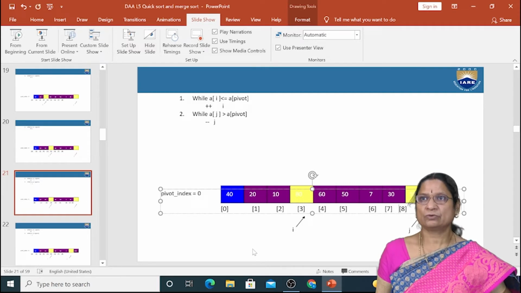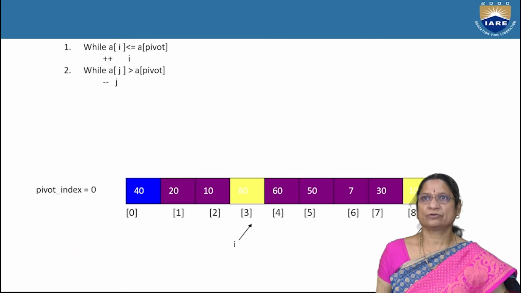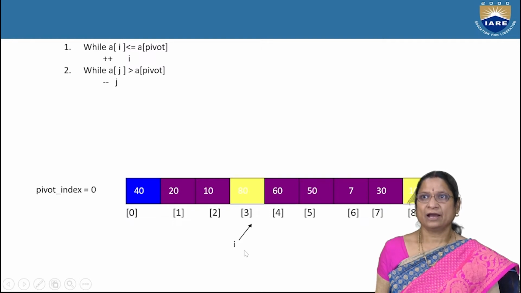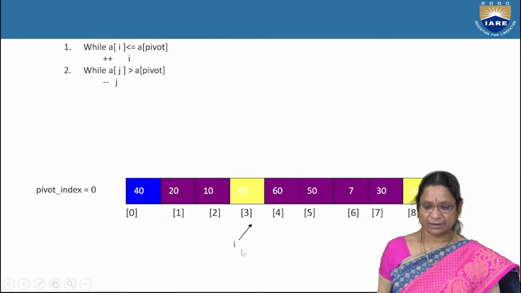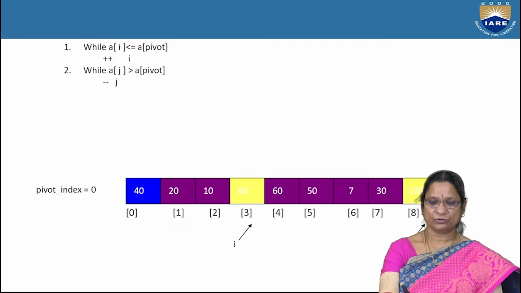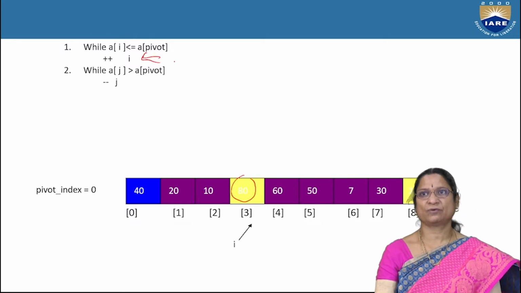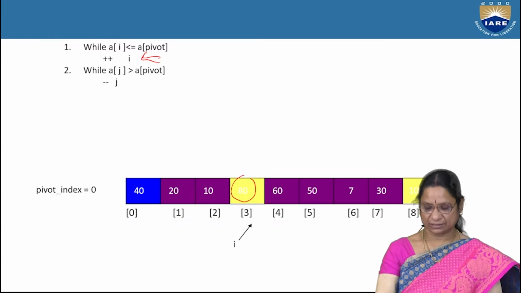So I is going to be moved toward j, and when it comes to the value 80, it will stop. You observe here, we stop the incrementation of I. Now the ith position is 3.